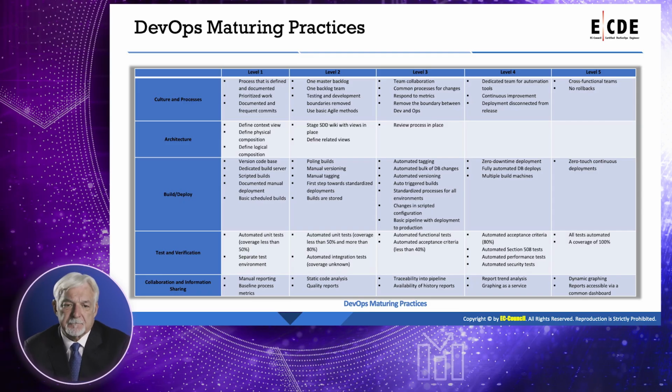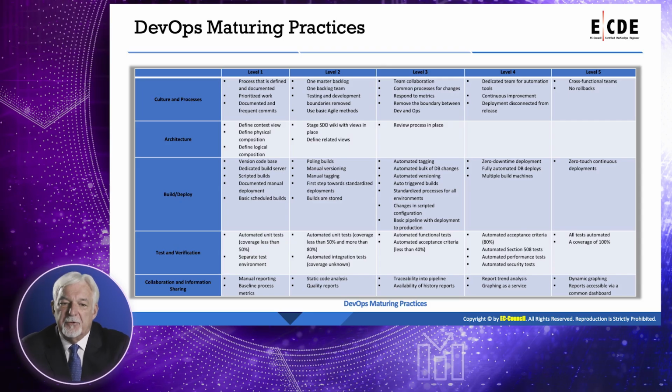When we talk about test and verification, automated unit testing, you have coverage of more than 50%, but less than 80%, let's say. You have automated integration testing, but the coverage is somewhat unknown as far as how broadly it's applied across the entire DevOps program. In level 3, you start getting into automated functional tests and acceptance criteria of less than 40%.